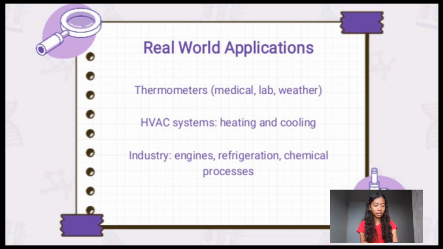And in industries like food, engines or refrigeration, it's super important to keep things at the right temperature for safety and efficiency. So yeah, this isn't just science in theory, it's also in real life.